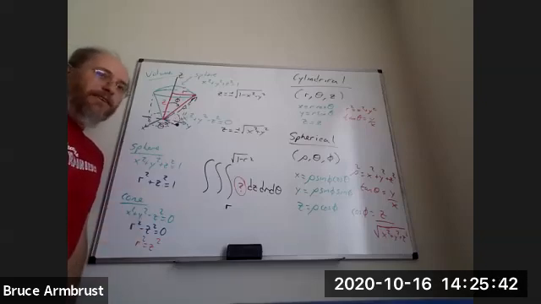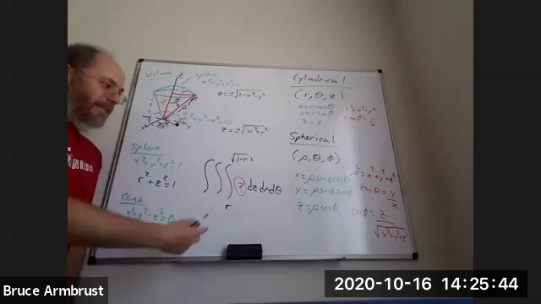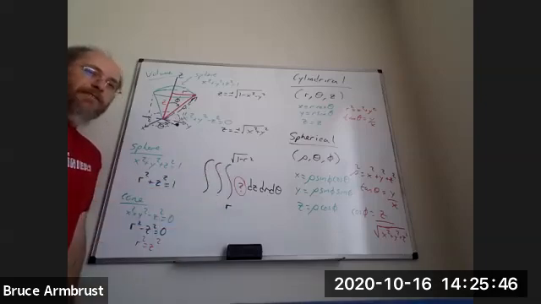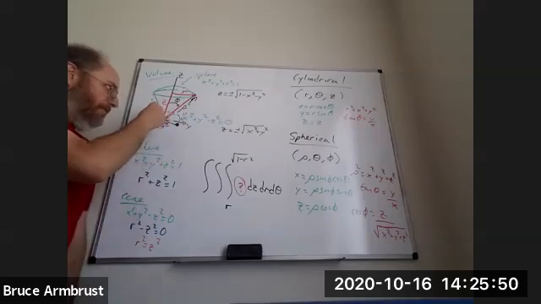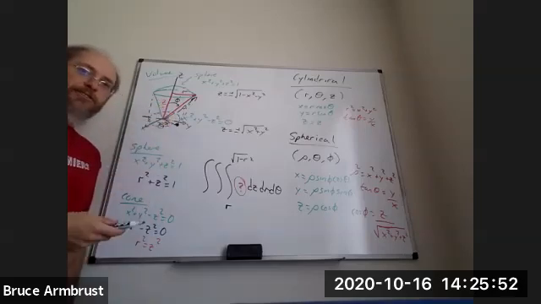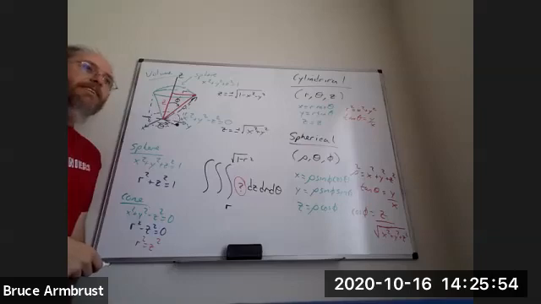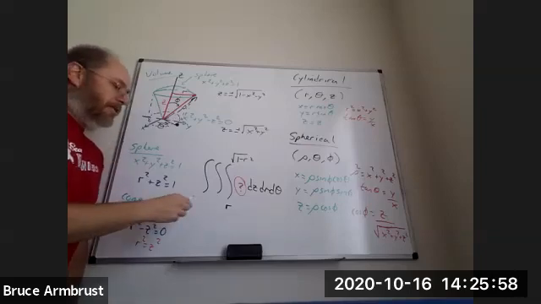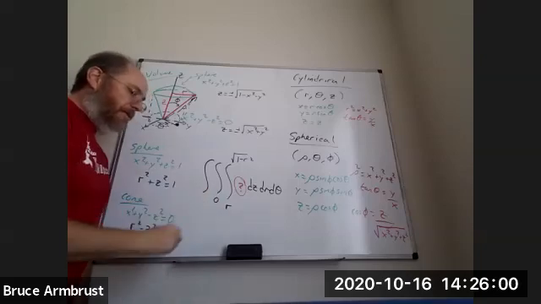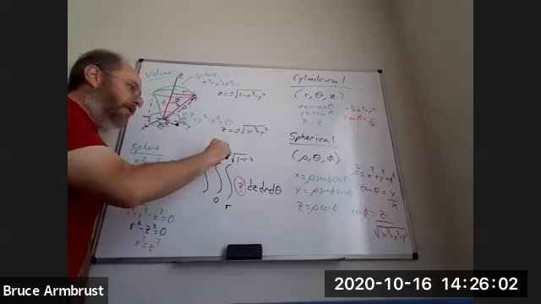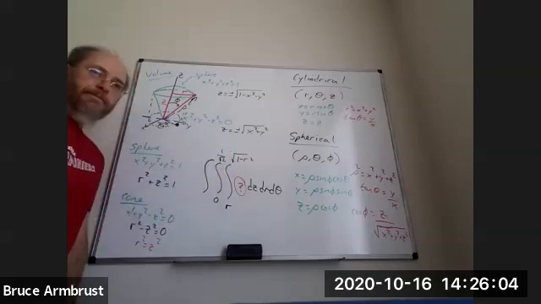Now, you remember what they looked like before. Well, those are our bounds now for z. So now we go to the r and the theta. Well, the region in the xy plane is just a circle. So we can use just good old r's and thetas. So the r's are going to go from 0 to 1 over the square root of 2, because that was the radius of that circle.